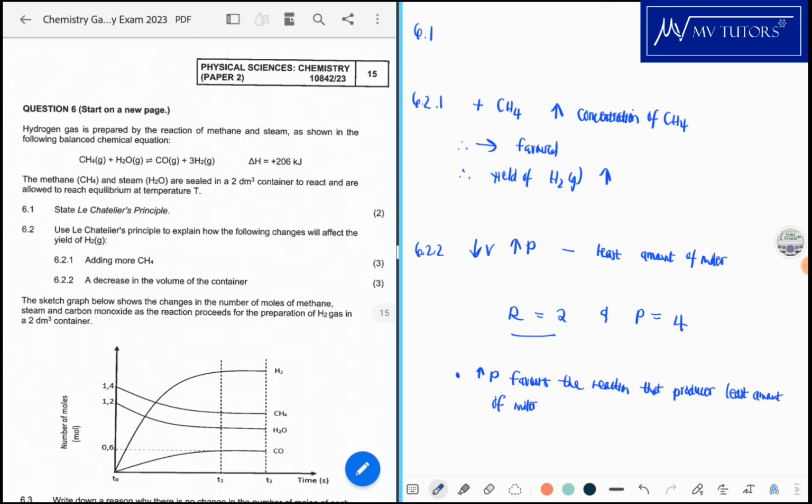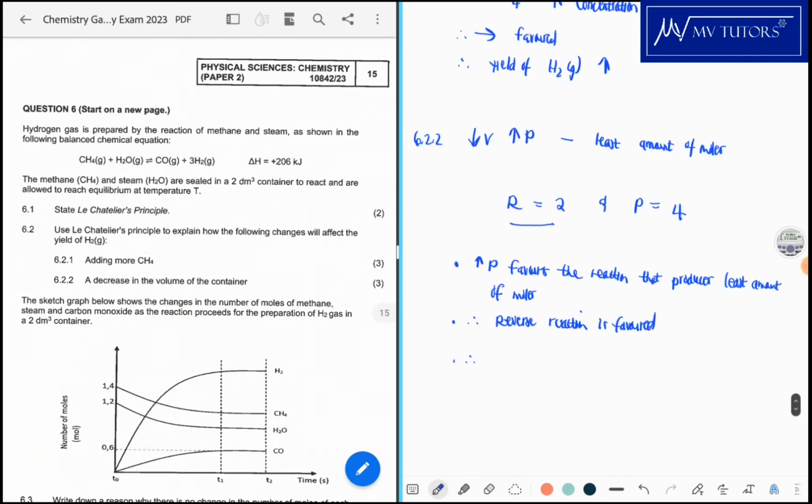And what is that reaction that is favored? Therefore, the reverse reaction is favored. And as a result, the yield of hydrogen gas decreases.